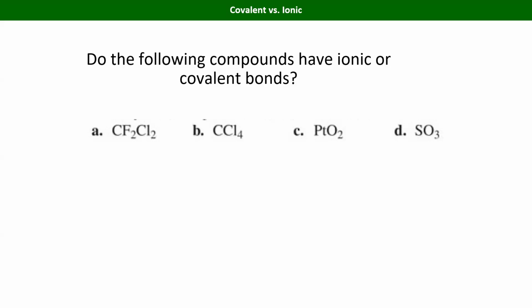But we have one common polyatomic ion that has a positive charge, which means if you see NH4+, better known as what? Ammonium. You see ammonium, and then a nonmetal, that's still an ionic compound.